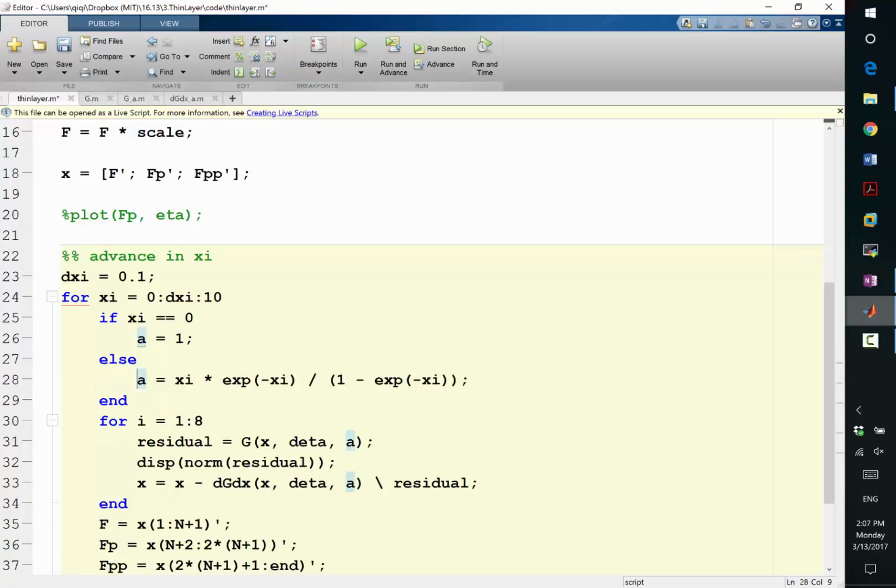Either way, it's going to be fine. Before, A was defined first, so on the first iteration A would produce not a number. So doing it this way, I think it'll avoid a complaint by MATLAB. All right, so that's good.